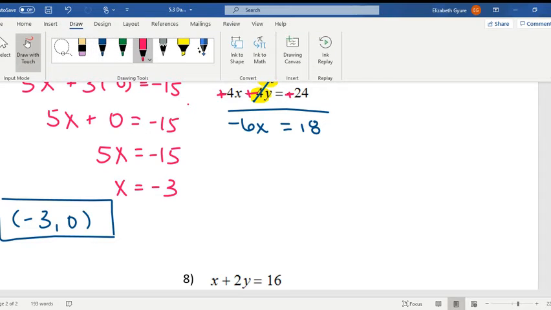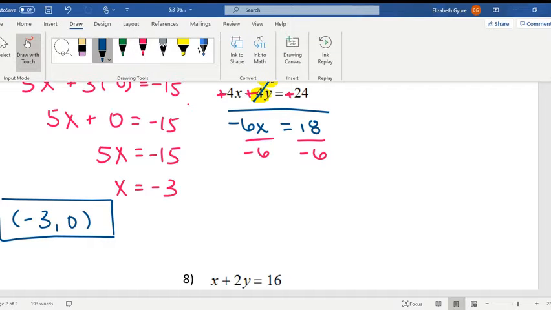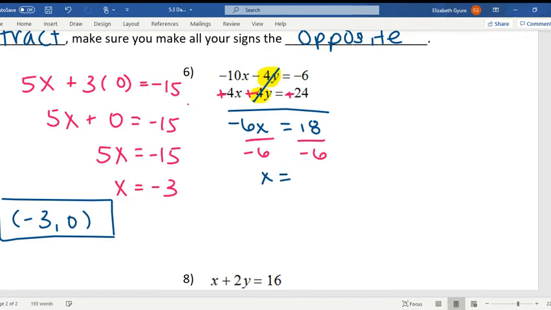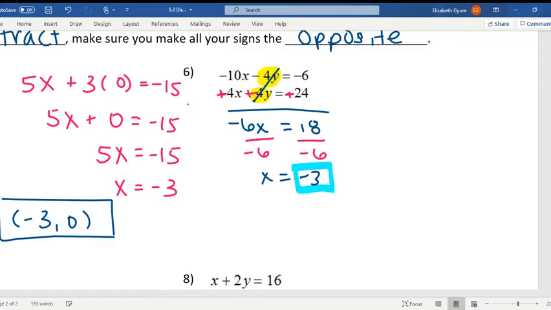Then we're going to divide both sides by -6, and x is going to equal 18 divided by -6, which is -3. So now we know our x. So you can take your x and plug it into either of your original equations where you see x.